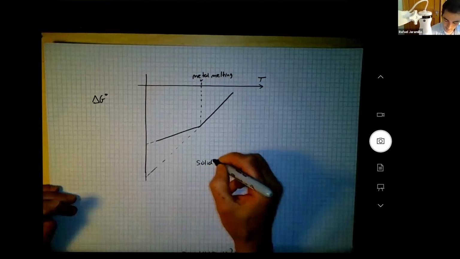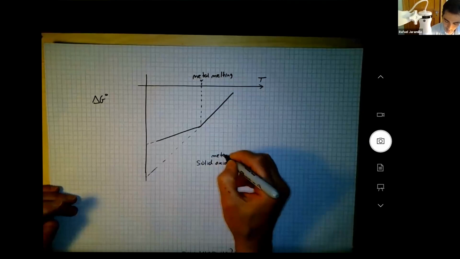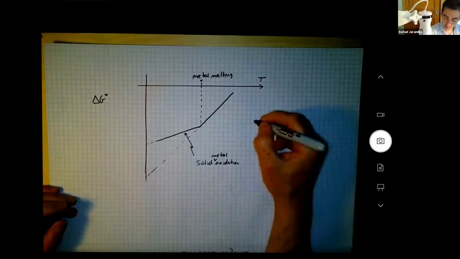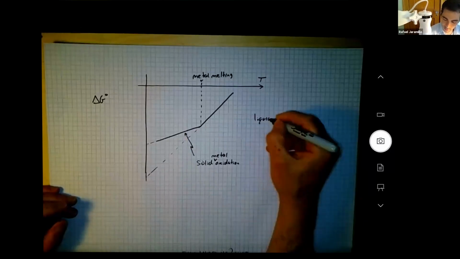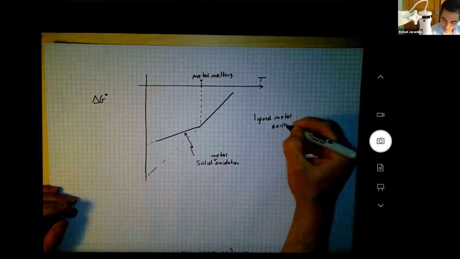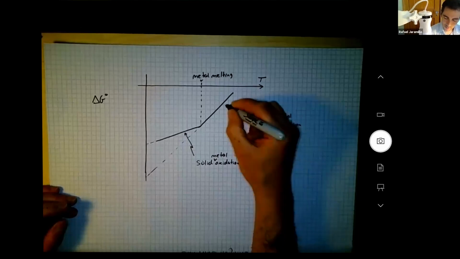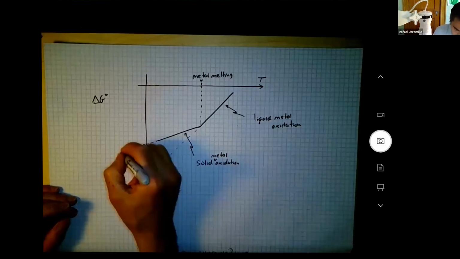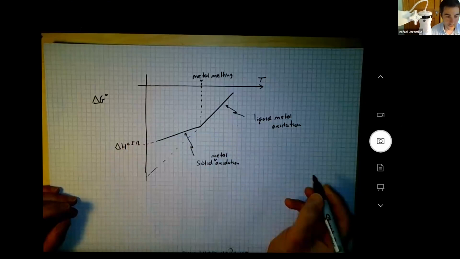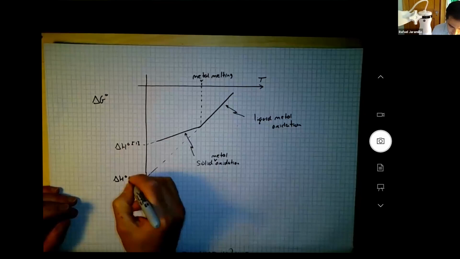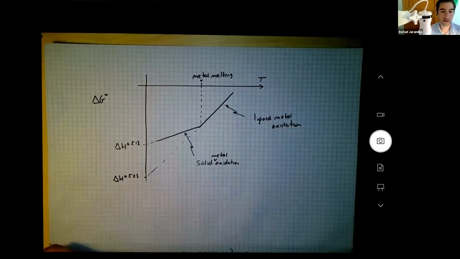The upper curve is liquid metal oxidation. This intercept is delta H naught for solid metal oxidation, and this intercept is delta H naught for liquid metal oxidation.